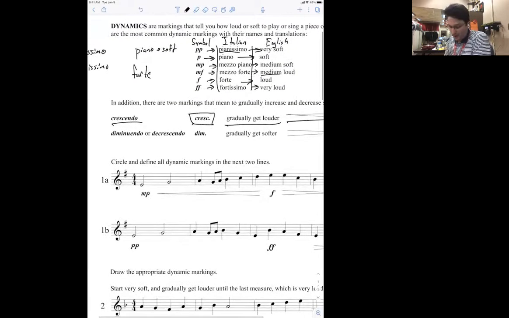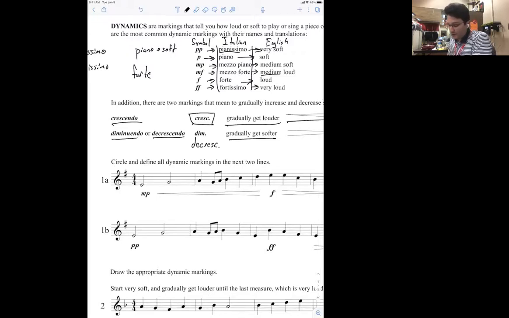Now, the next one, decrescendo, which means to gradually get softer. There's another term that means the exact same thing in Italian as well, and that's diminuendo. So you can use diminuendo or decrescendo, and you can also abbreviate those with DECRESC or DIM period, okay?